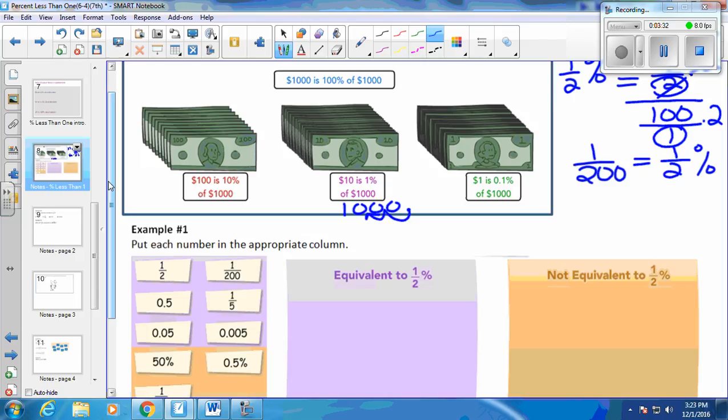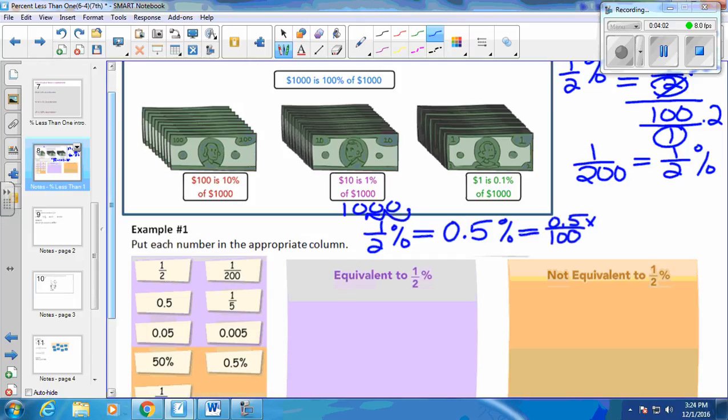What I'd like to do though is rewrite 1/2%. I'm now going to change that fraction in the percent to a decimal. So I'm going to rewrite 1/2 as the decimal 5/10. I have not done anything yet to get rid of the percent sign, so it's still a percent. To get rid of the percent sign, now I'm going to divide by 100. If I take 5/10 and divide it by 100, I now have a fraction, and I can't have a decimal within that fraction.